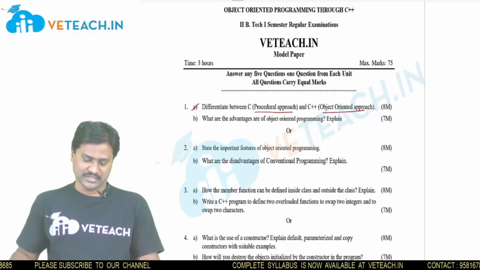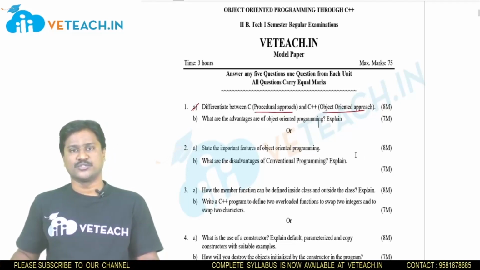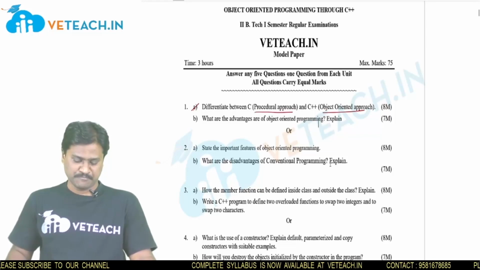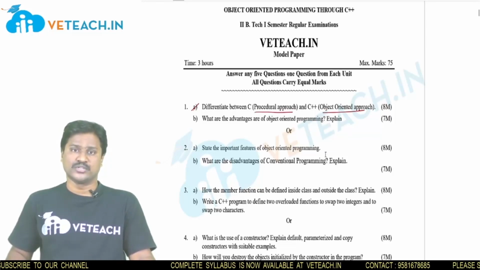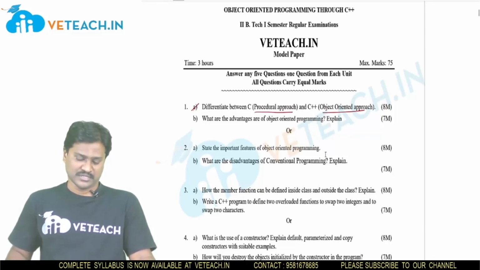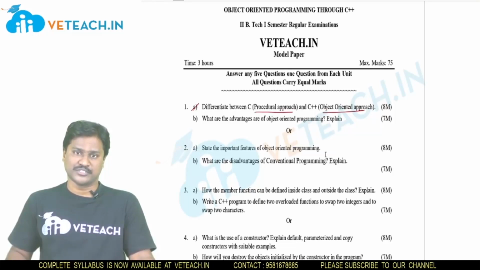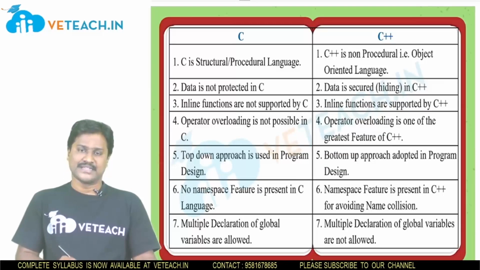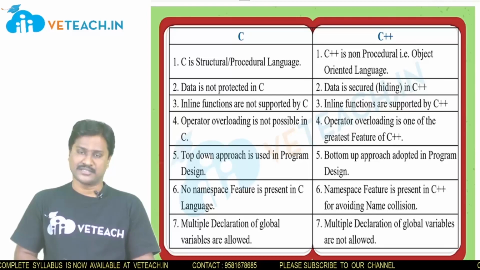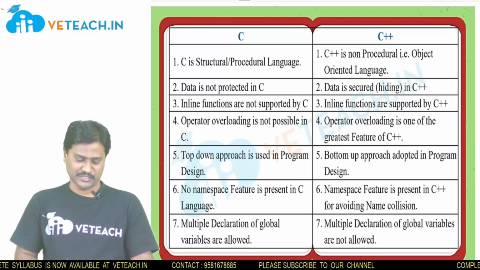These differentiations need to be covered more in differentiating these two types of approaches, the C language and the C++ language. Okay, here is the answer for the first question, that is the differentiation between C and C++.